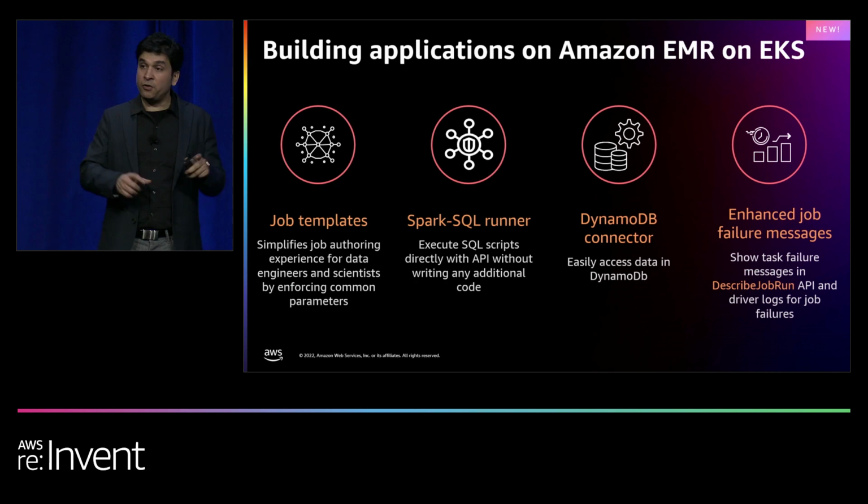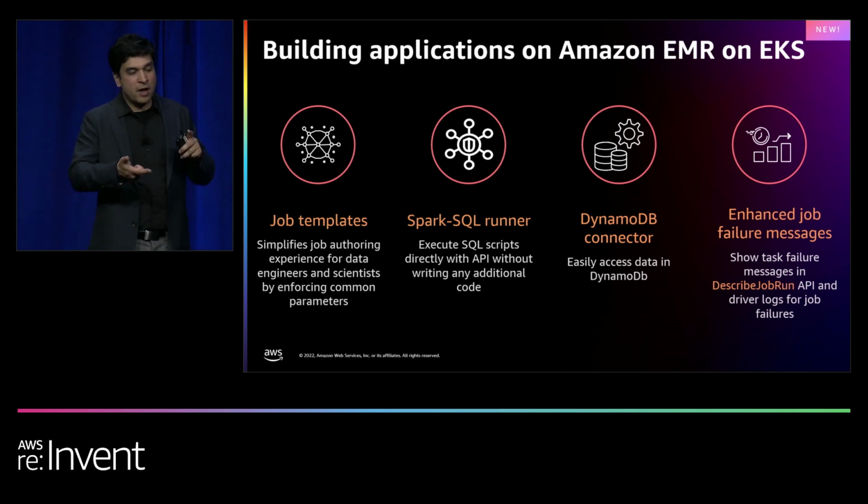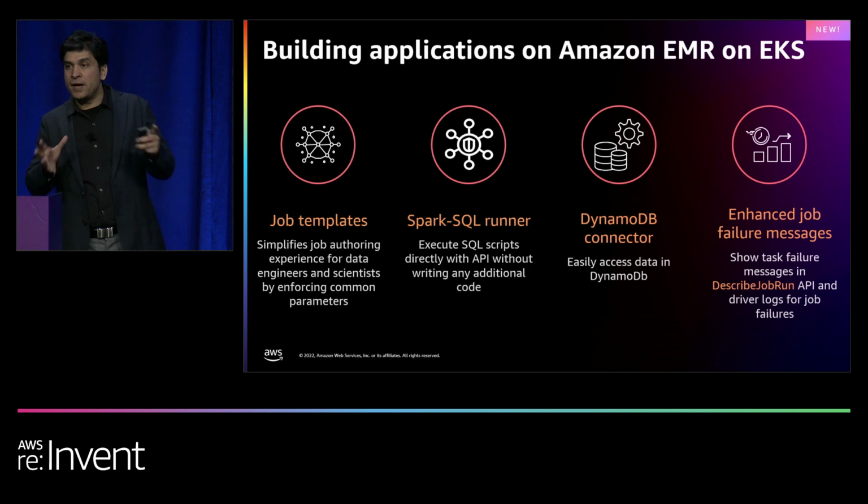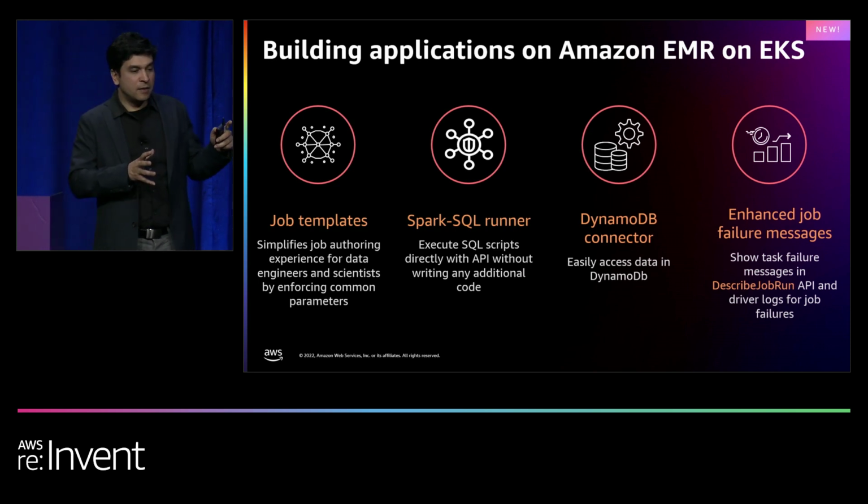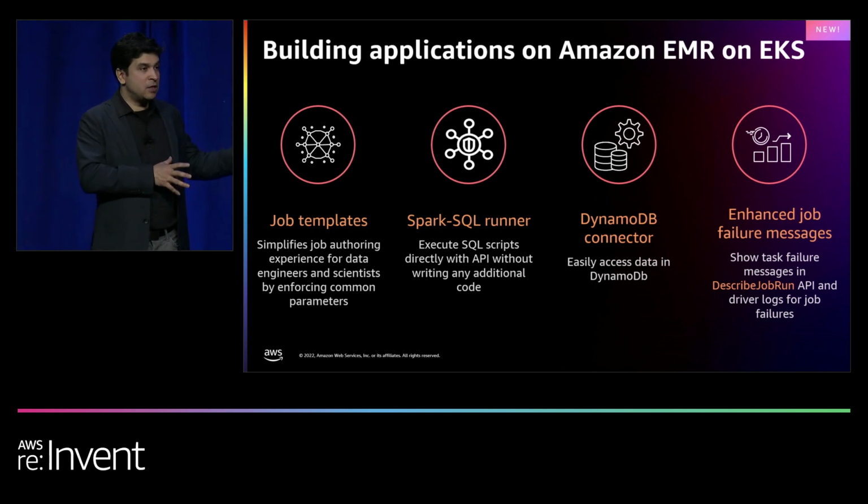Also the benefit is that you can enforce certain arguments to be always there, for example, encryption keys. So in a way, you can default some of them, as well as enforce some of them. With job templates, this minimizes all of the arguments and parameters that data engineers have to specify when submitting a job to an EKS cluster.